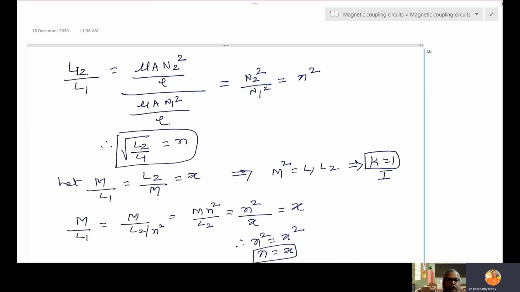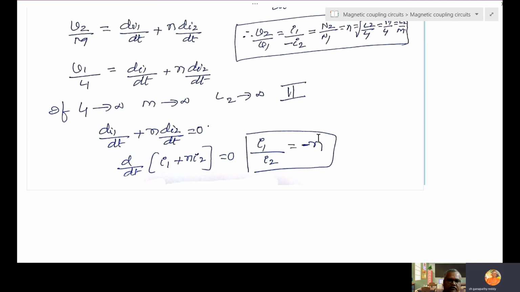We want to derive L2 by L1. L2 by L1 is mu A N2 square by L, from the inductance formula, and L1 is mu A N1 square by L. You will get N2 by N1 square, which is N square. So root L2 by L1 is N.